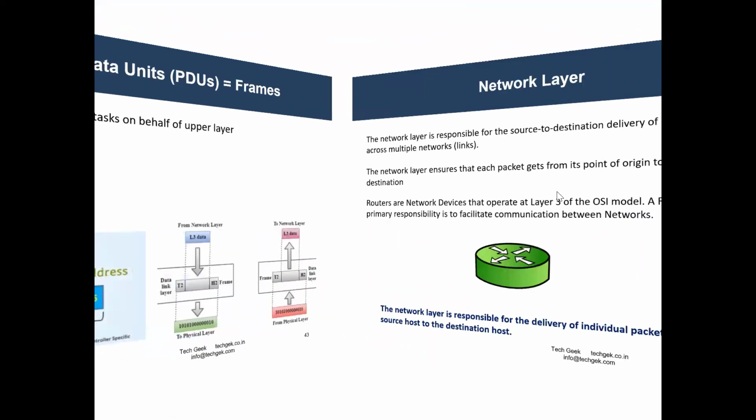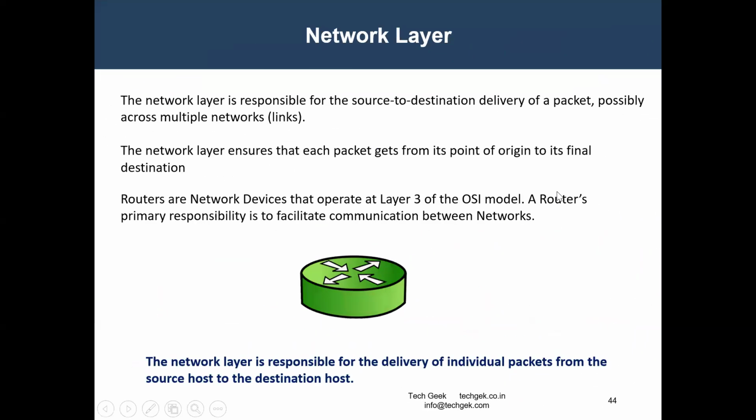Now we have the network layer. The network layer is responsible for source-to-destination delivery of the packet across multiple network links. It ensures that each packet gets from its original source to its final destination while we are sending. It ensures that all packets reach the destination via the shortest path and with faster flow.